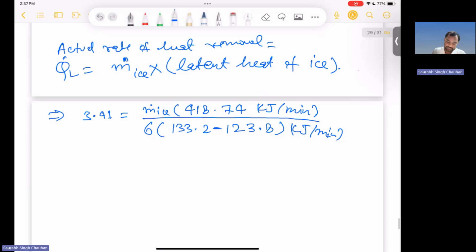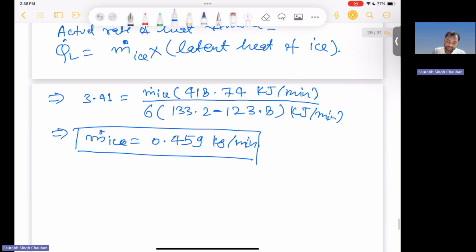If you solve this, you will get the rate of ice formation. Please calculate this value. I am writing the final answer, 0.459 kilogram per minute.